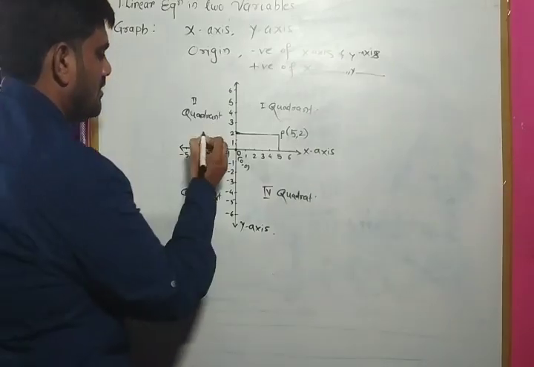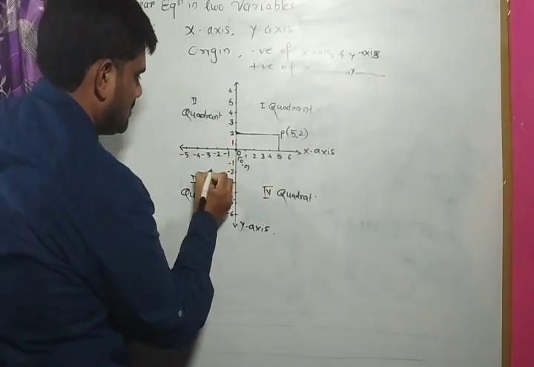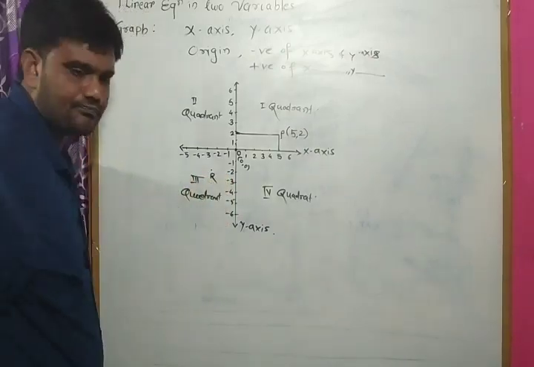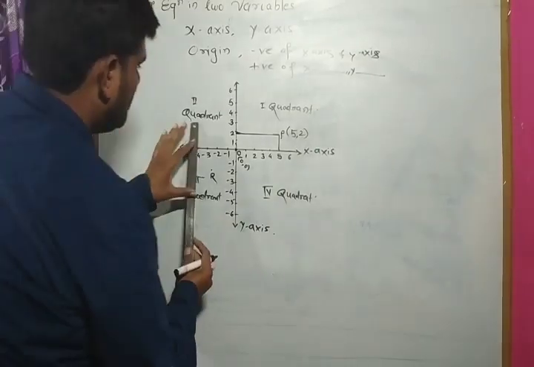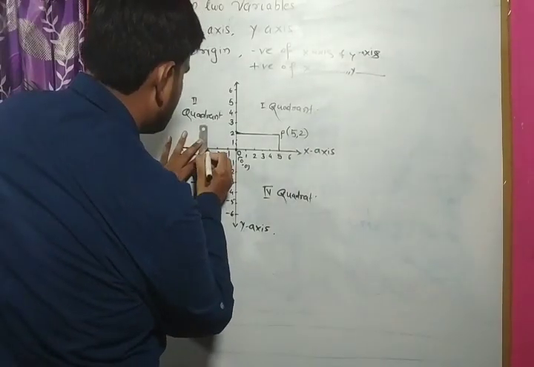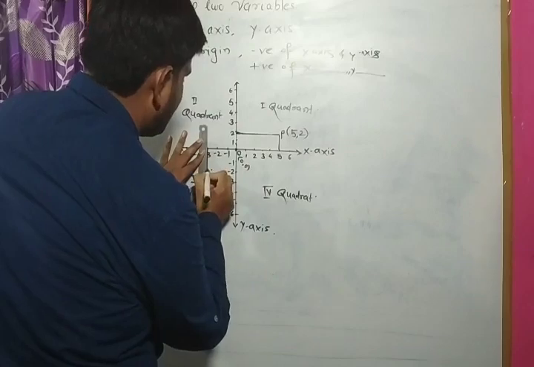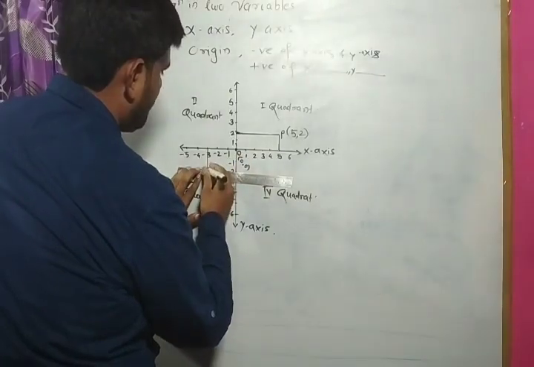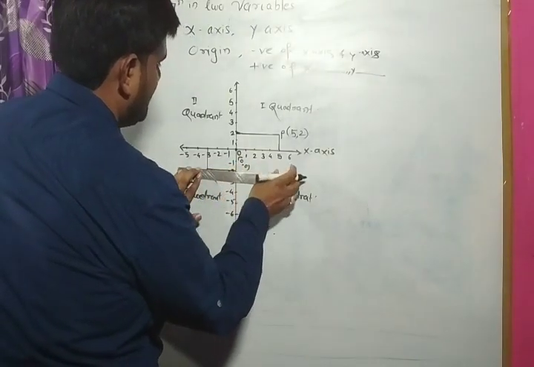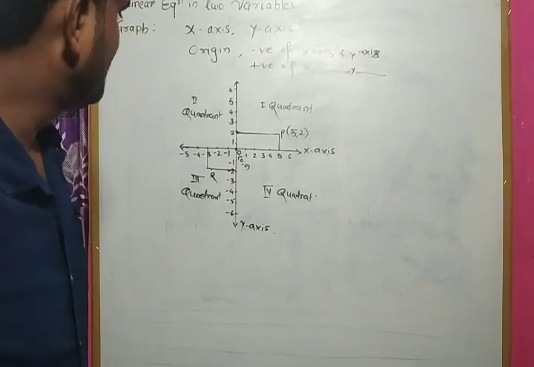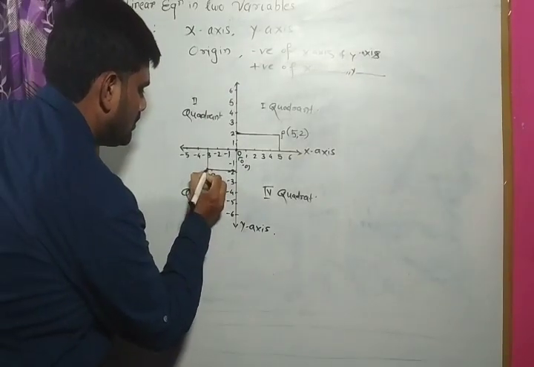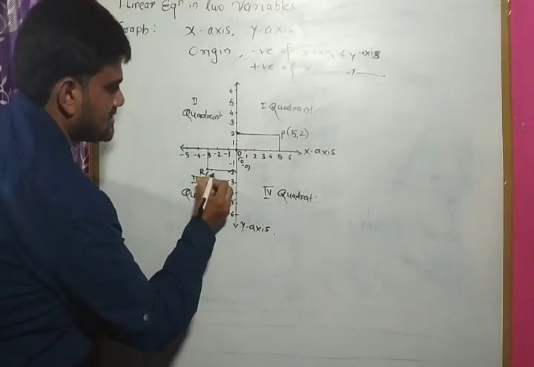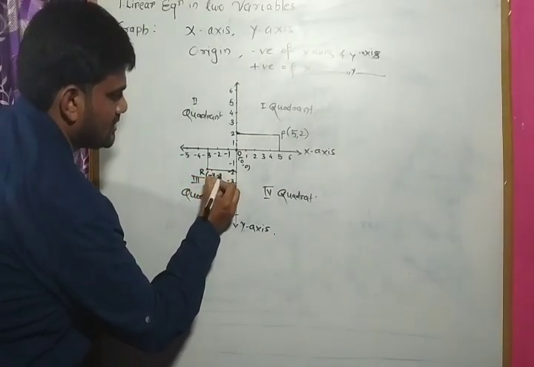Suppose here it is a point R. Now its x coordinate is -3 and its y coordinate is -2. Therefore, the coordinate of point R is -3, -2.